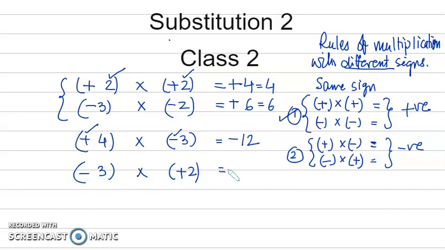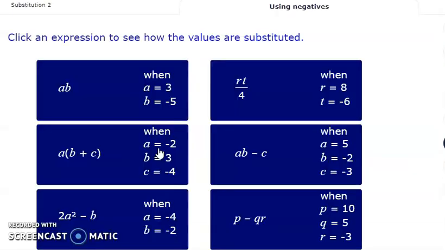So minus plus is also minus, and 3 times 2 is 6. Hope this will help you solve the questions that you can see over here, because here we have some negative signs, values are also negative. So just try this question as your homework.